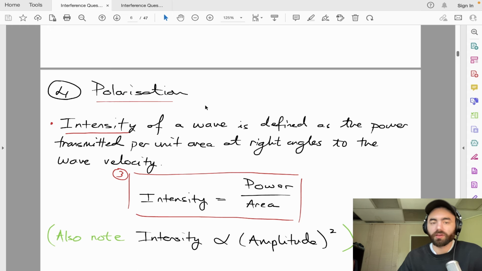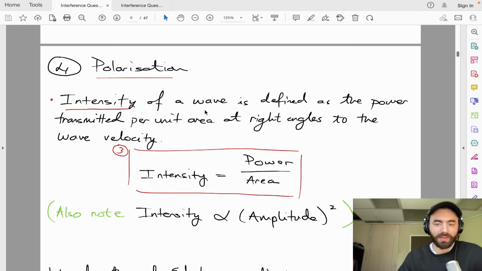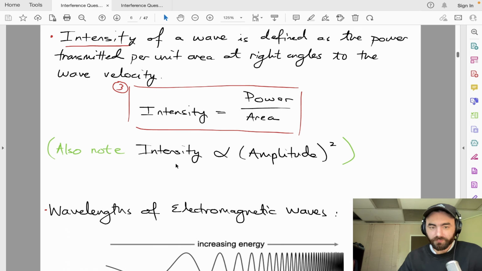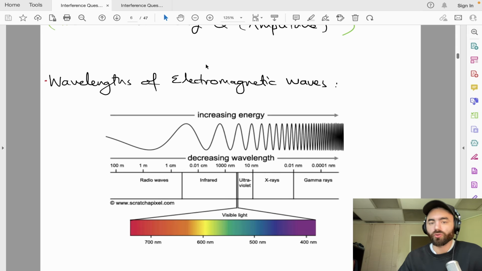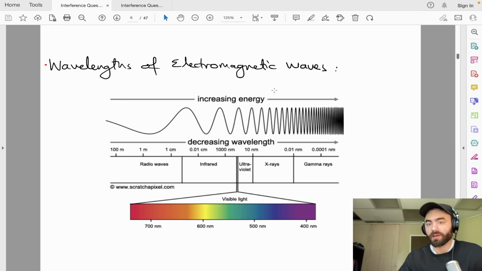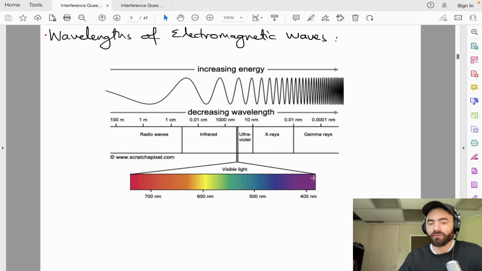And finally, we got the idea of polarization. Again, let's recall that intensity is the power divided by area. That's its actual definition. And also recall that intensity is proportional to amplitude. You're also going to need to know, like I went through this in the last video about the electromagnetic waves, in particular, visible light.